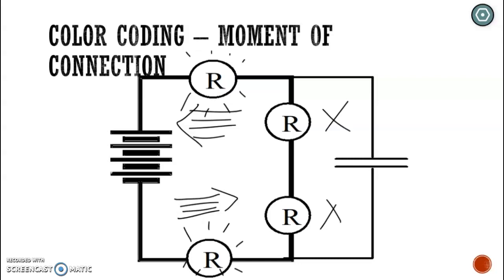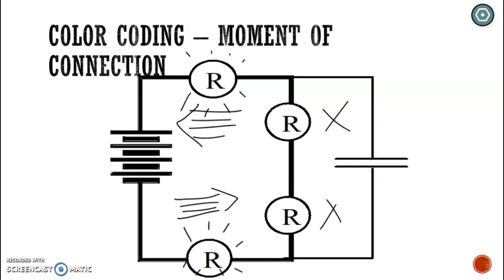That means that there are electrons coming out of this wire and going into this wire, and there are electrons coming out of this wire and going into this wire. But this wire right here, there's not any electrons going in or out of it. It's pretty much just going to stay exactly the way it is.